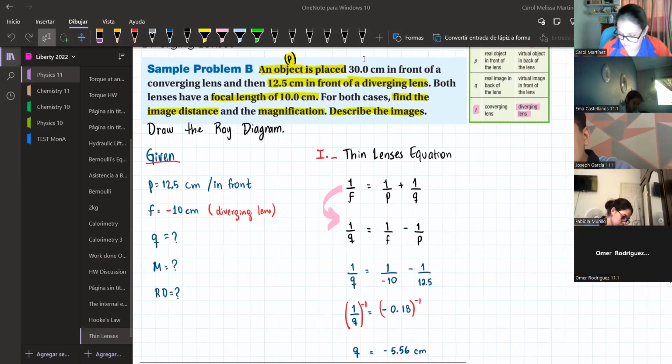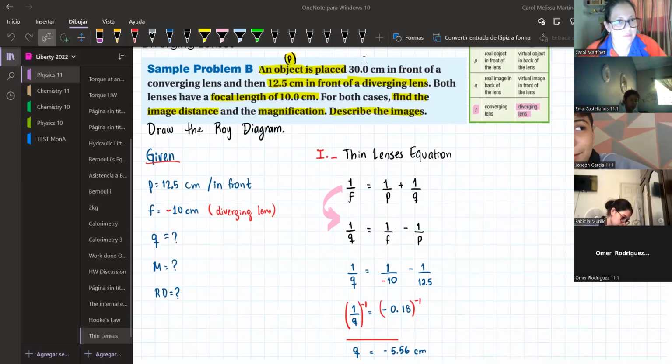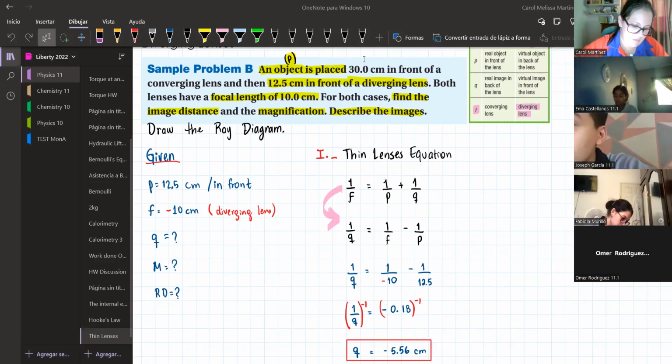Okay, I have to do it step by step here because I cannot use this calculator.